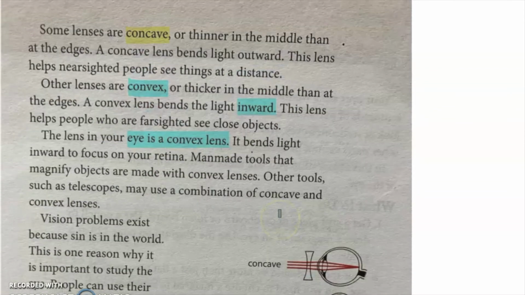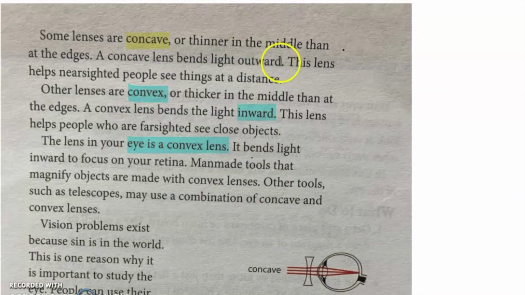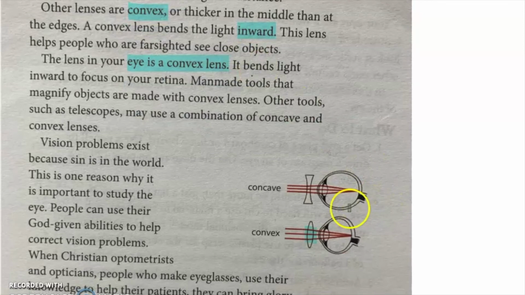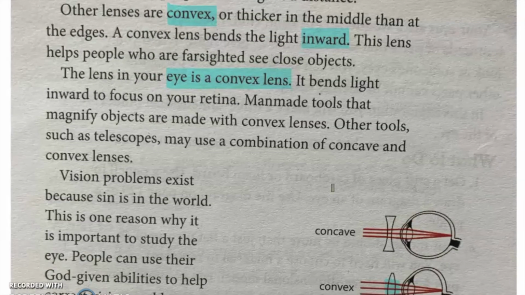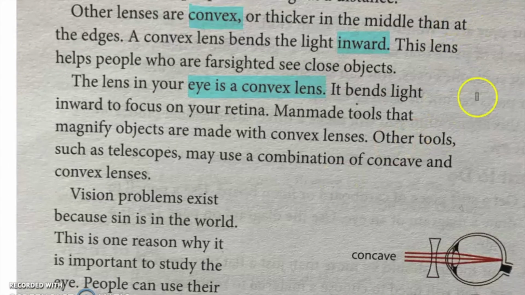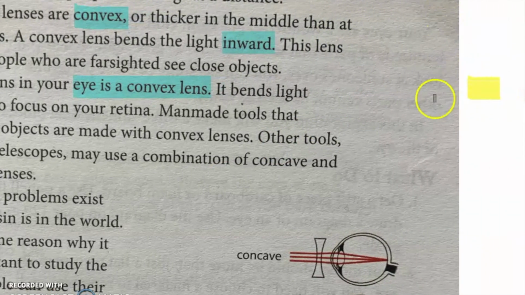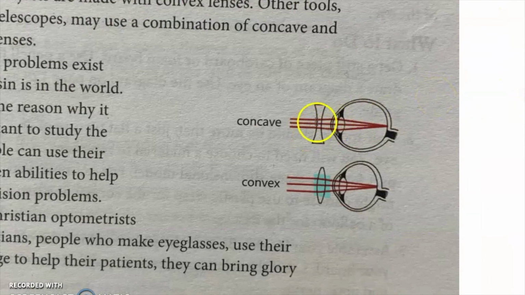What does it mean by bend outward? So let's look at the concave lens. I'm going to zoom in a little bit so that you can see it better. Yes. So when you look at this part, we can see that the light is going outward.